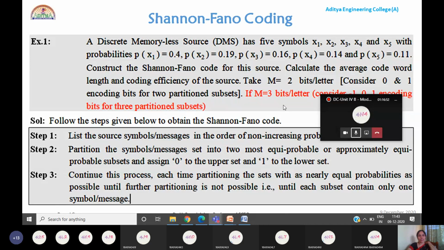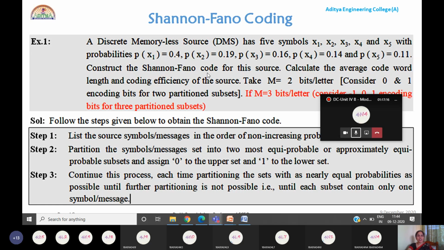So what's your homework? Take p of x1 as 0.4, p of x2 as 0.19, p of x3 as 0.16, p of x4 as 0.14, and p of x5 as 0.11. These are the 5 symbol probabilities given to you.